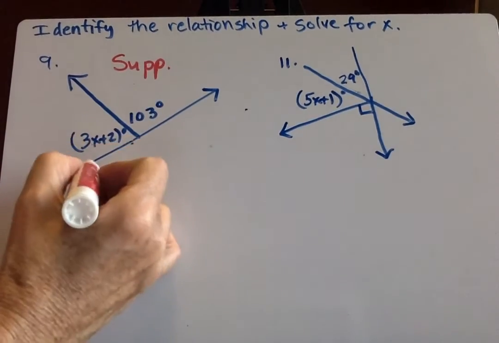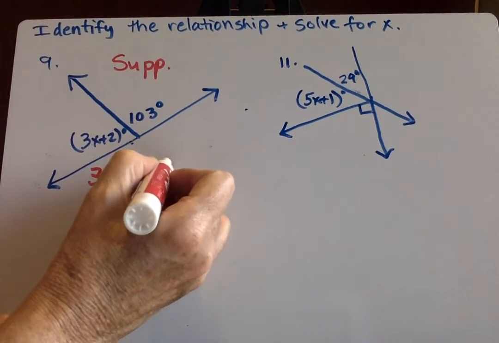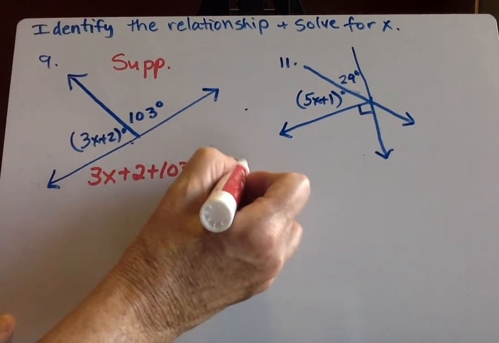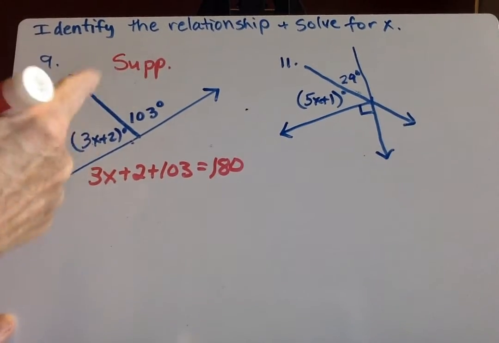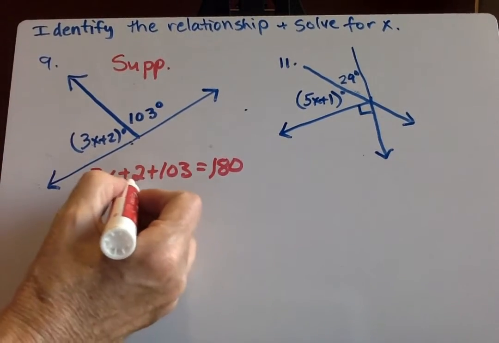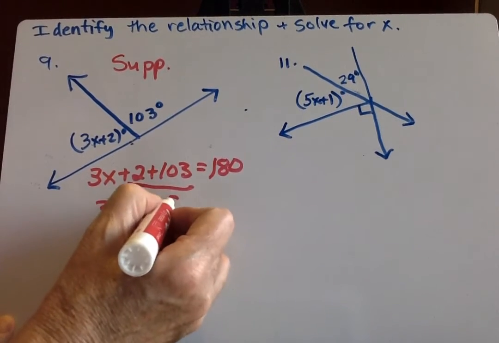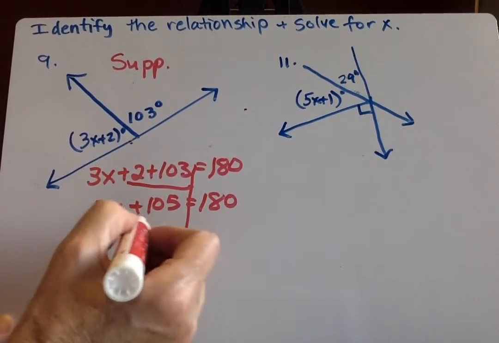So I'm going to add all of these together, and what should it equal? 180 degrees. Okay, because it's supplementary. Both angles added together are 180. Now I'm going to combine like terms. 3x plus 105 equals 180. Use our problem solving skills.